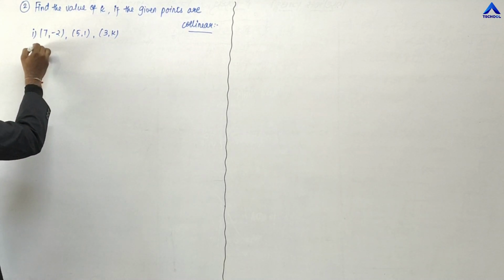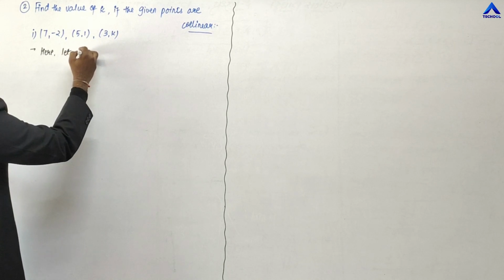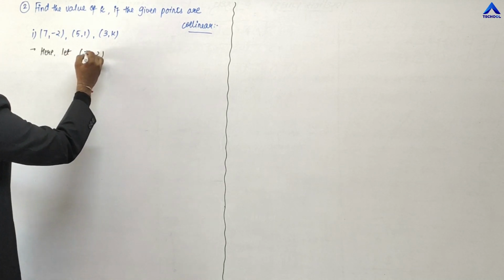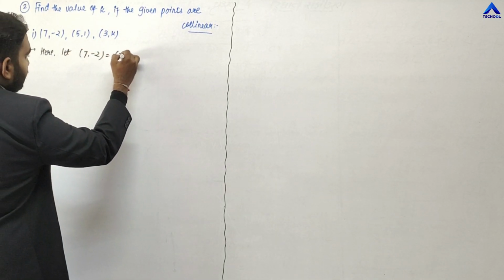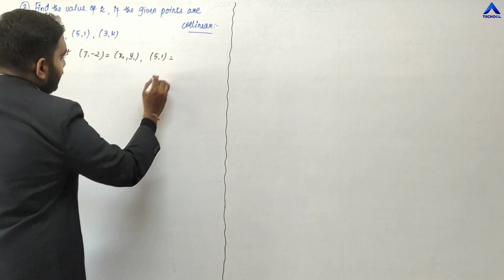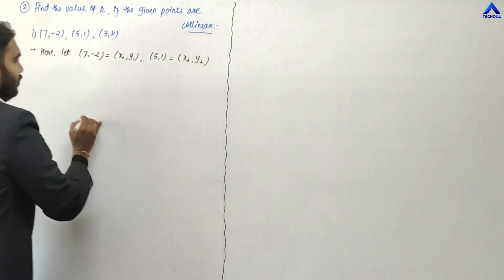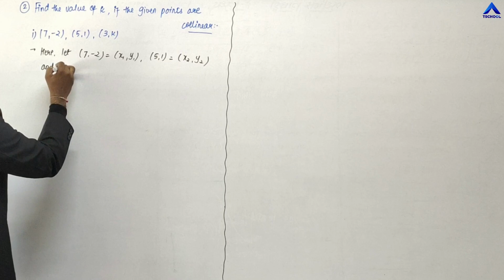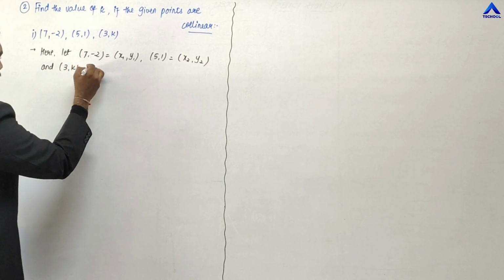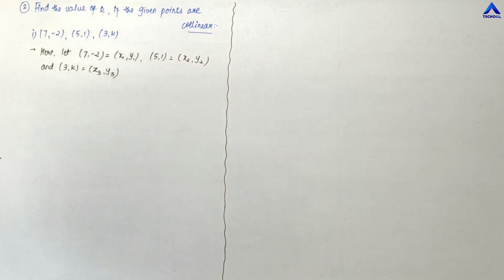So these are the three given points, and it is said that these given 3 points are collinear. So let us say that here let 7 minus 2 equals to x1 y1, 5 comma 1 equals to x2 y2 and 3 comma k equals to x3 y3.